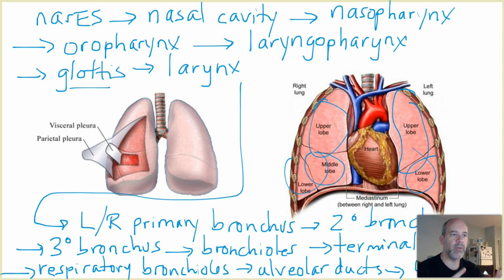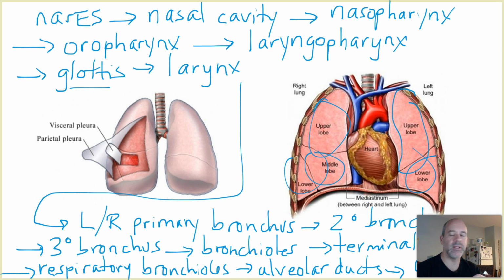Okay, so just as we've done with other anatomical features in this course, you will need to be able to identify and type out the names of these different features that we've gone over on the exam. I do want you to know the order of anatomical features that air, or an oxygen gas molecule, would pass through all the way from the nares down to an alveolus.